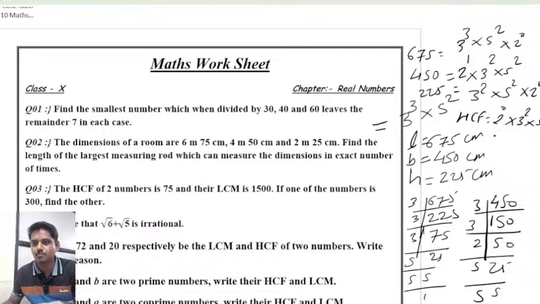So the required answer is 1 into 9 into 25. So 25 nines are 225. So the correct answer is 225 centimeter rod is required to measure all three measurements properly.